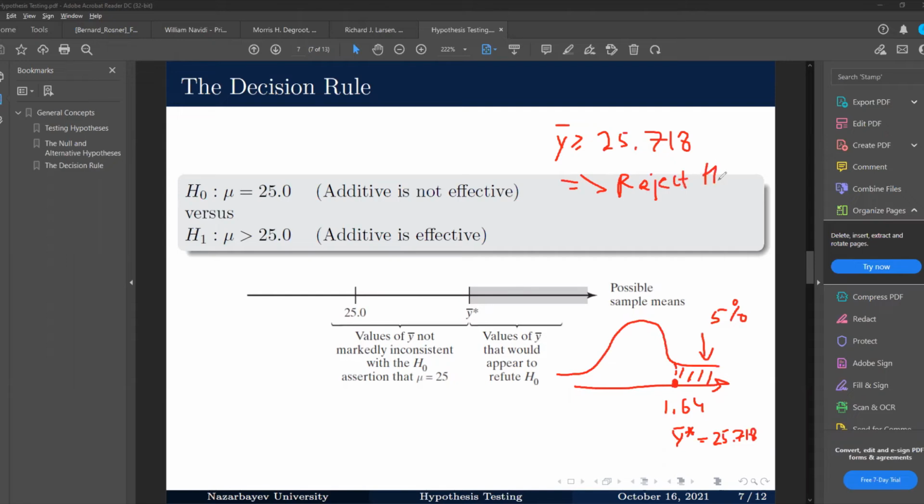Then we reject that the fuel additive isn't effective, which might suggest that the fuel additive may be effective. And if y bar is less than this critical value, then we fail to reject our null hypothesis.